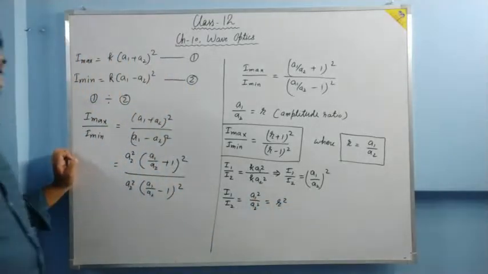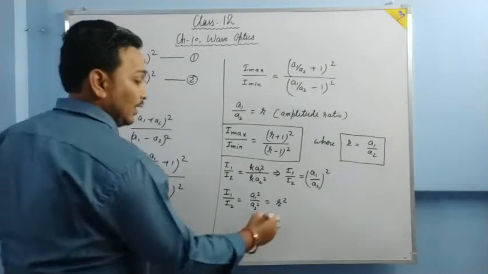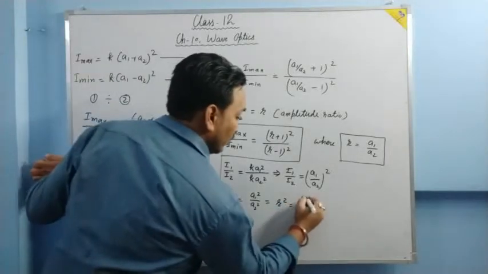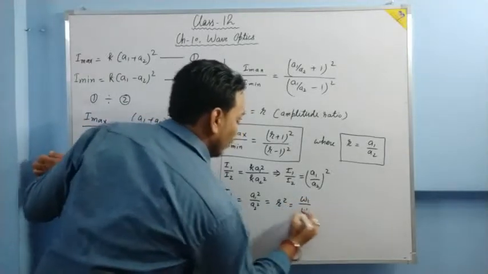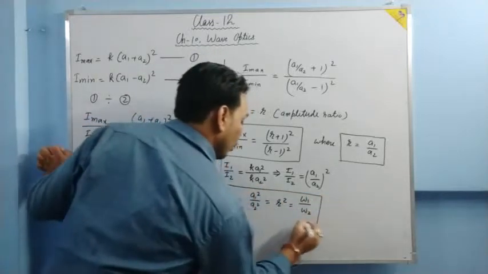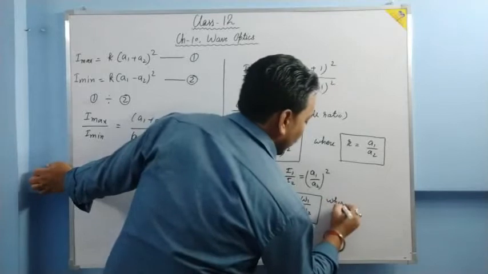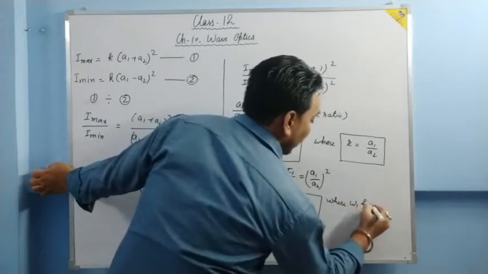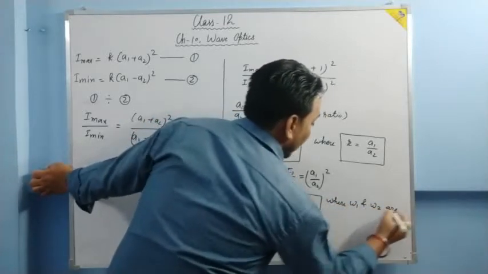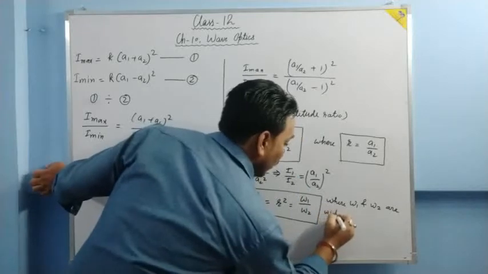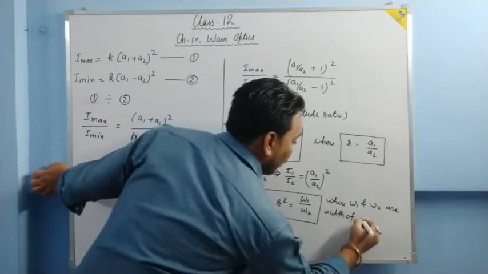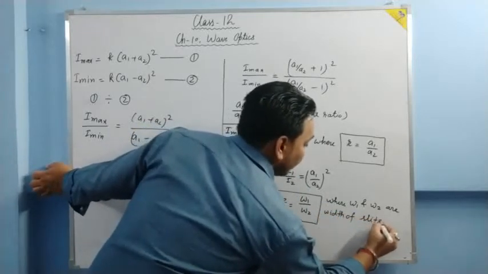Okay. One more thing I want to add in this, and that thing is equal to W1 upon W2. What is W1 and W2? Where W1 and W2 are width of slits.